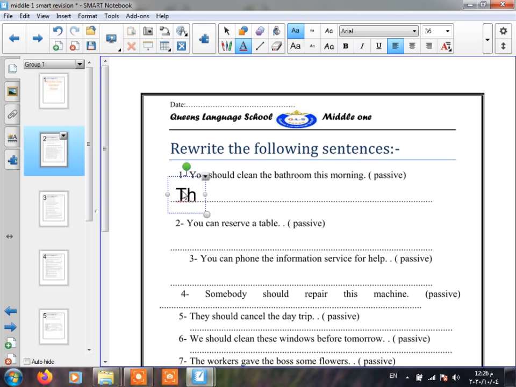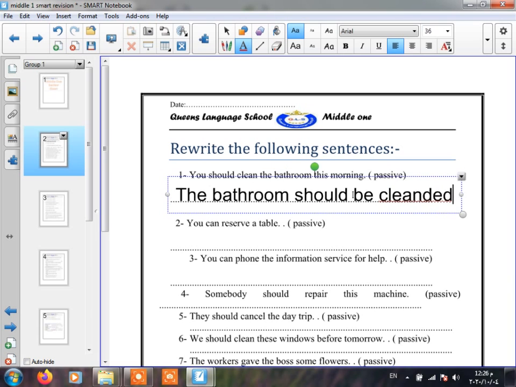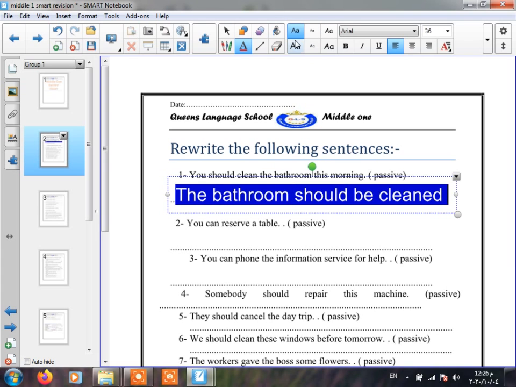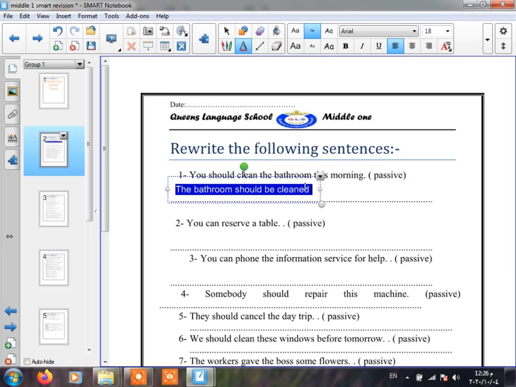So the bathroom should be cleaned this morning by you. Minimize the handwriting here. The bathroom should be cleaned this morning by you.